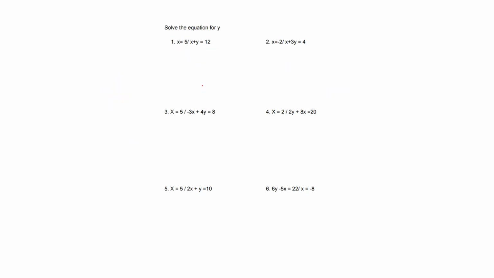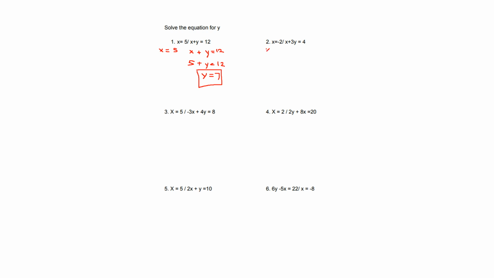Okay, so for this next part, we have to solve for y. For number 1, we're given x equals 5, as well as the equation x plus y equals 12. So we're solving for y when x is equal to 5. We could plug in 5 for x, so it becomes 5 plus y equals 12. So y is also equal to 7.